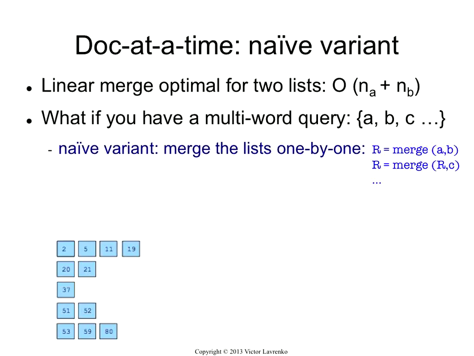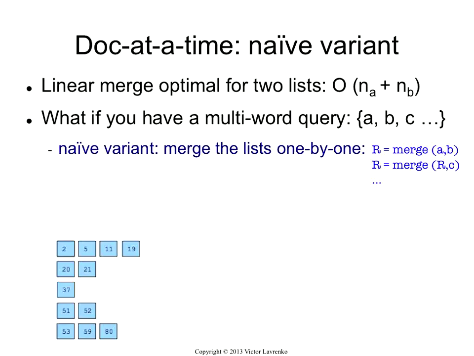The simplest way you could do this is you could merge the lists one by one, right? You have a multi-word query, you take the inverted lists for A and B, you do the linear merge on them, you take the result, let's call it R, merge the result with the inverted list for C, merge the result with the inverted list for D, and so on until you finish all the query words.